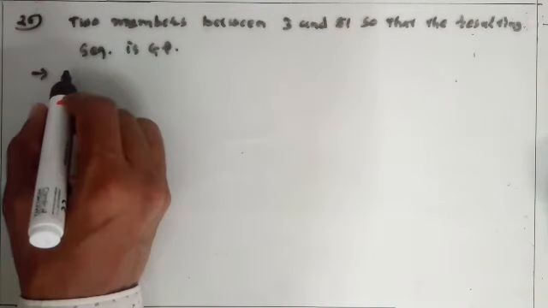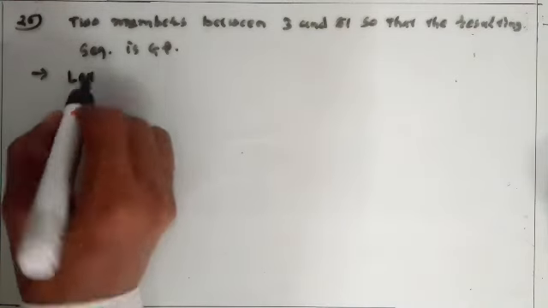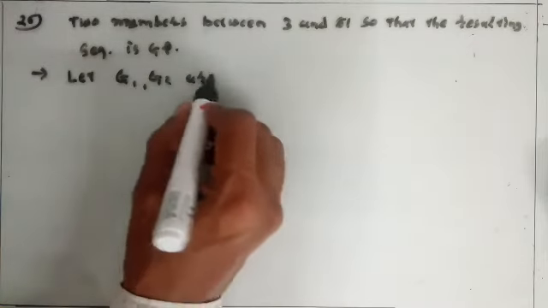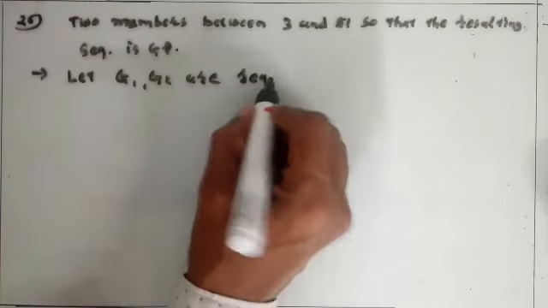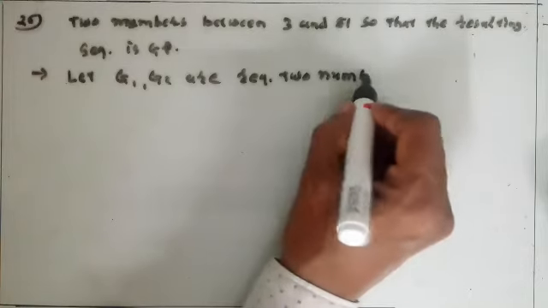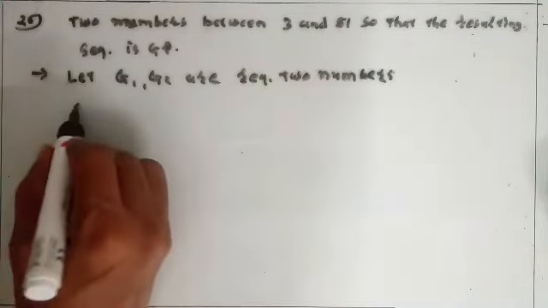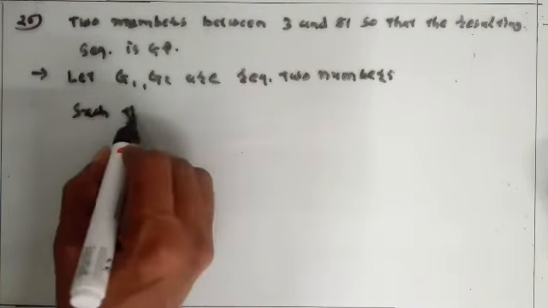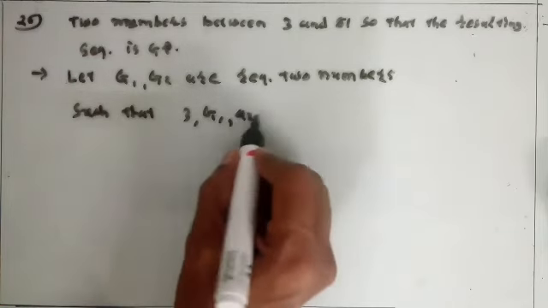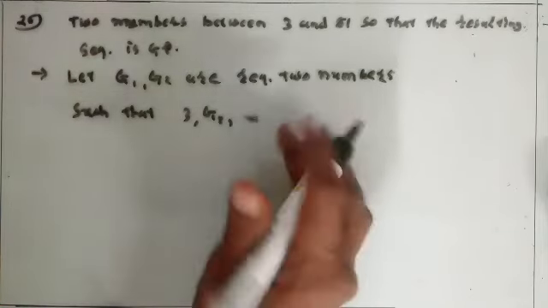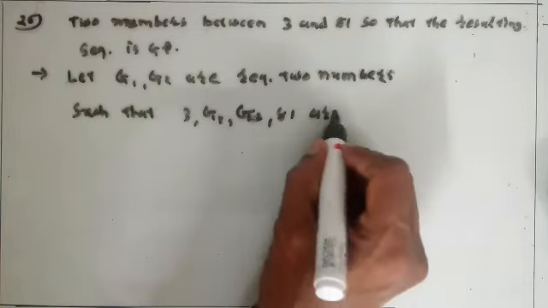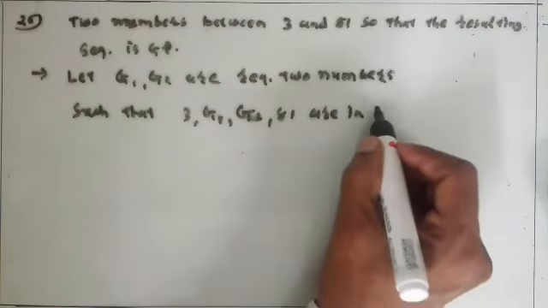So first suppose I require two numbers. Let G1 and G2 be the required two numbers such that 3, G1, G2 and 81 are in a GP.